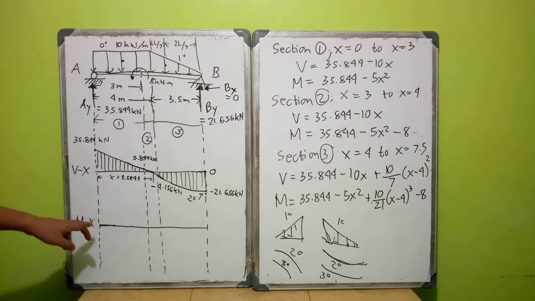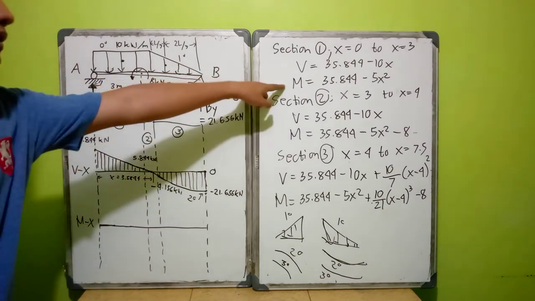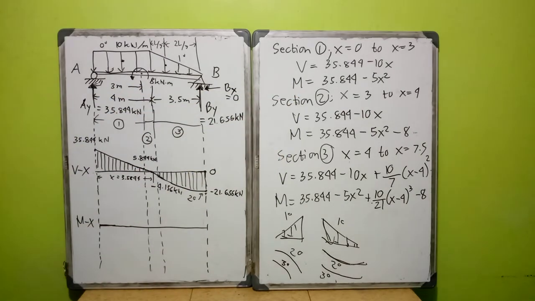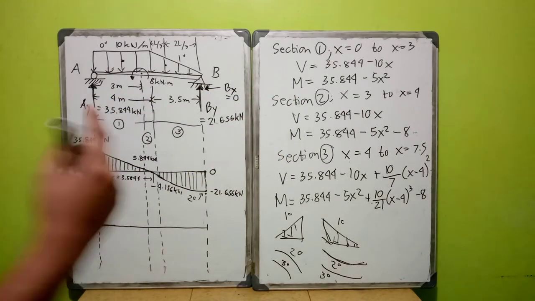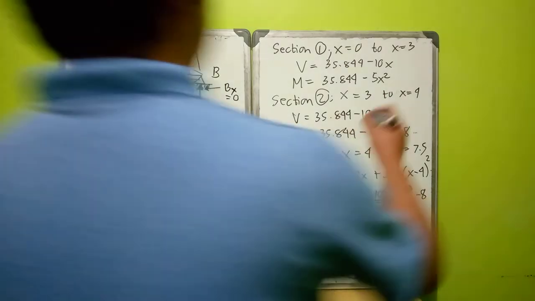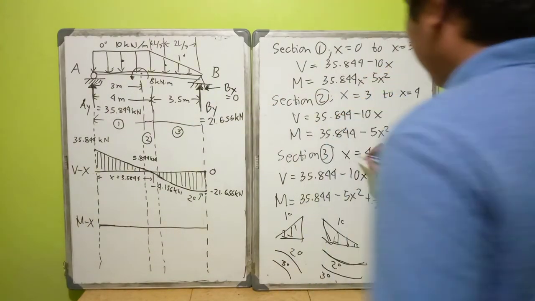Okay. So we'll concentrate at the moment. So we have m is equal to 35.844x minus 5x squared. I'm sorry, it should be x. There should be x in this area.